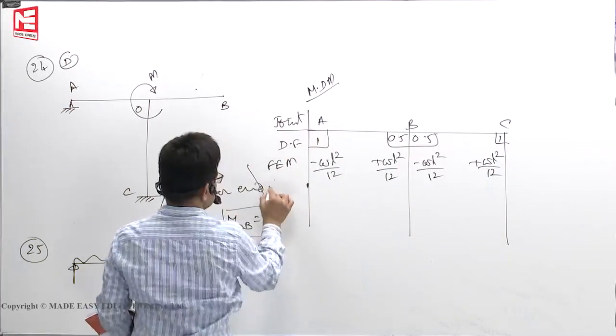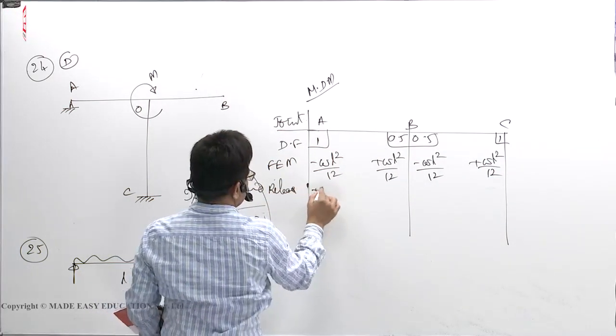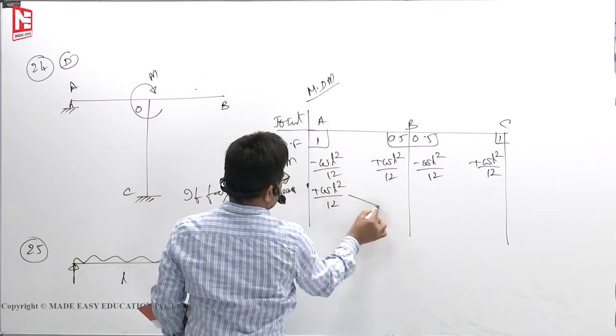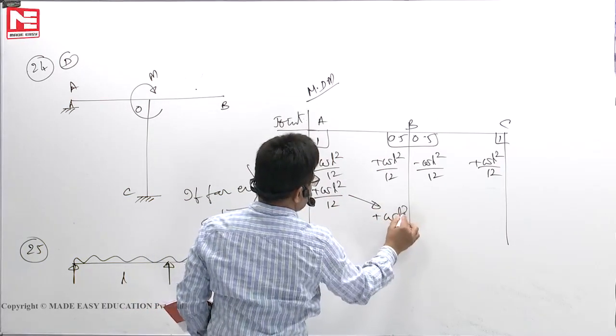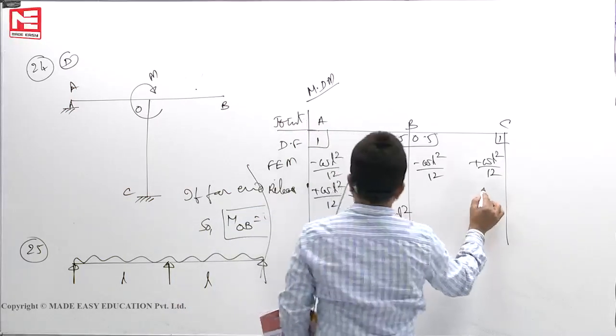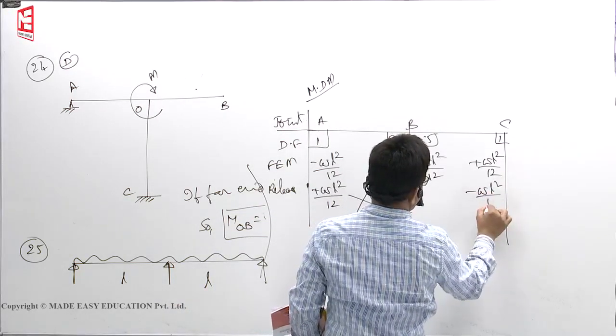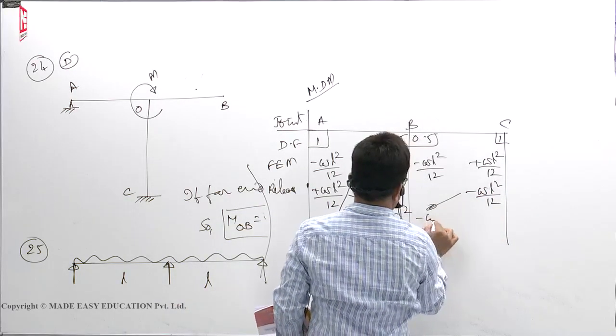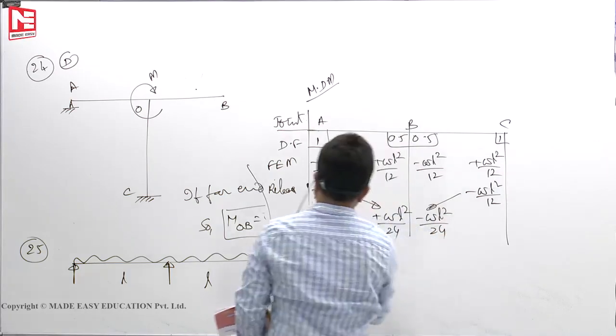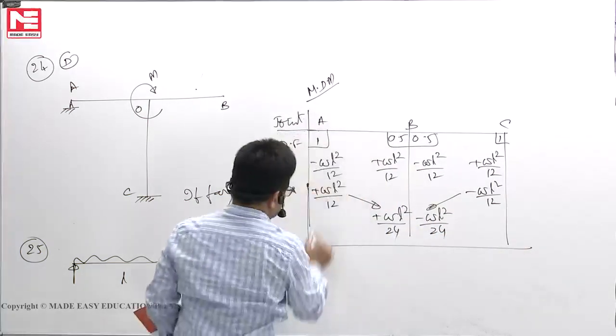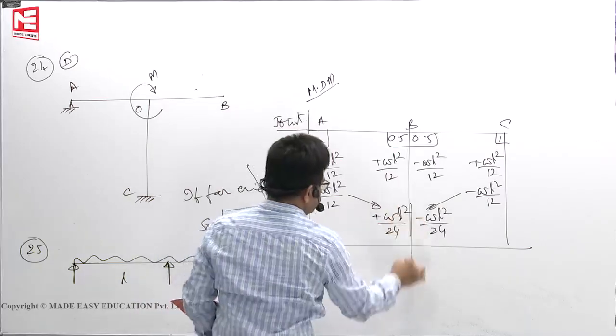Release plus WL square by 12, carry over moment plus WL square by 24. Here minus WL square by 12 after releasing, minus WL square by 24. Now final moments. That story we don't have to write. 0 here.